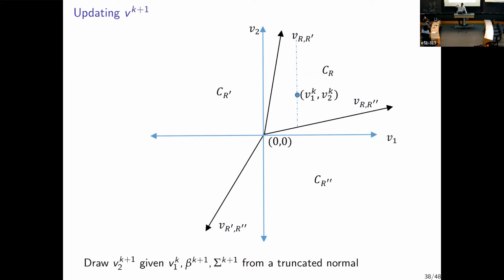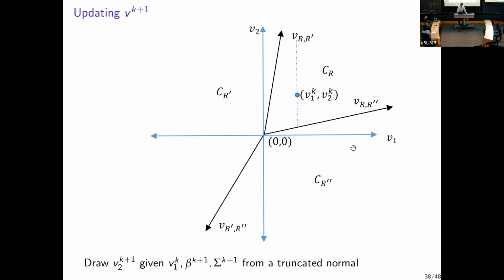But in order to be in the cone, it has to be bounded below by this value over here, and bounded above by some value at which this dotted line intersects this ray. That is going to ensure that conditional on V1, I draw V2 and I stay in the cone.